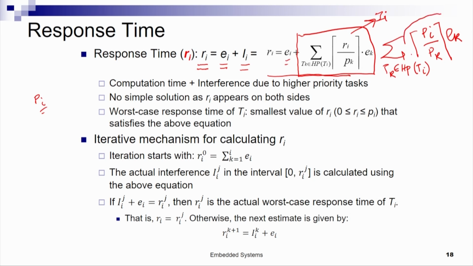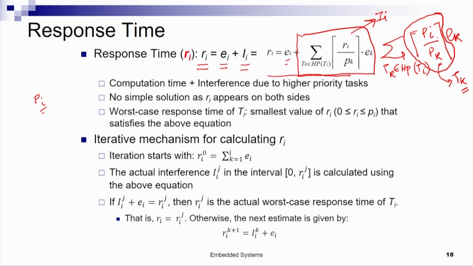This part of the expression tells how many times a higher priority task Tk, for which Pk is its period and Ek its execution time, gets executed within the period of Ti.